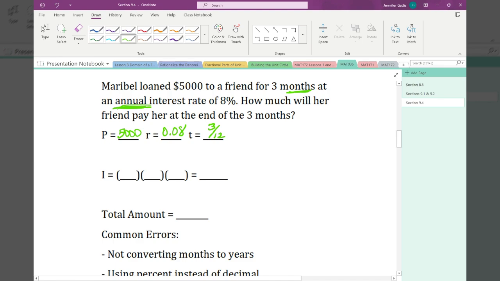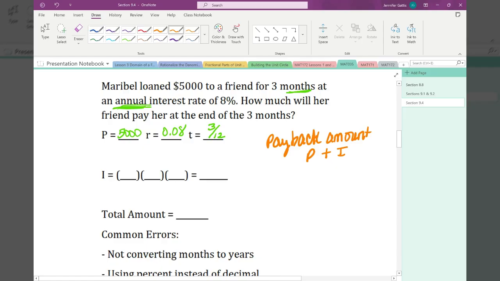Now, something that we need to remember is that when we're thinking about how much we have to pay back, your payback amount is going to be your principal plus any interest that's accrued.